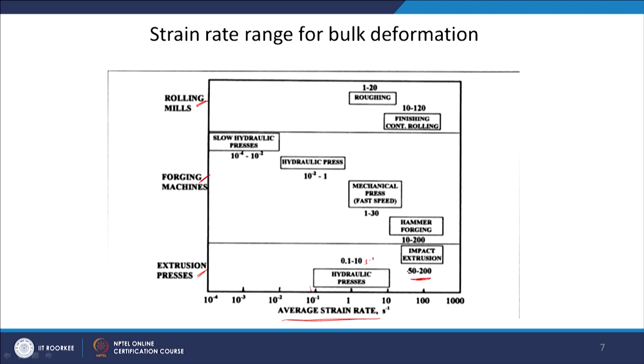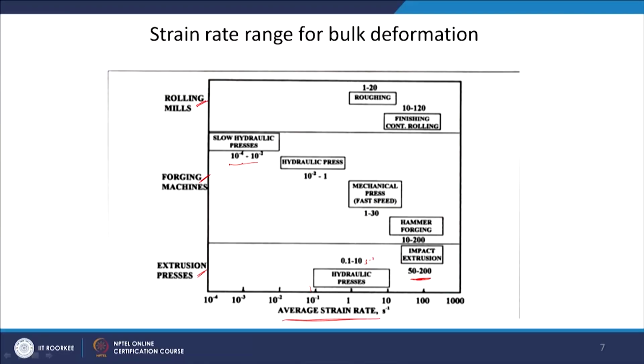In forging, you have different types of forging. So, you have slow hydraulic presses. Through a hydraulic press you are applying the compressive load. The strain rate is in the range of 10 to the power minus 4 to 10 to the power minus 3. For hydraulic press, it is around 10 to the power minus 3 to 1. Or I think it is 10 to the power minus 2 to 1.